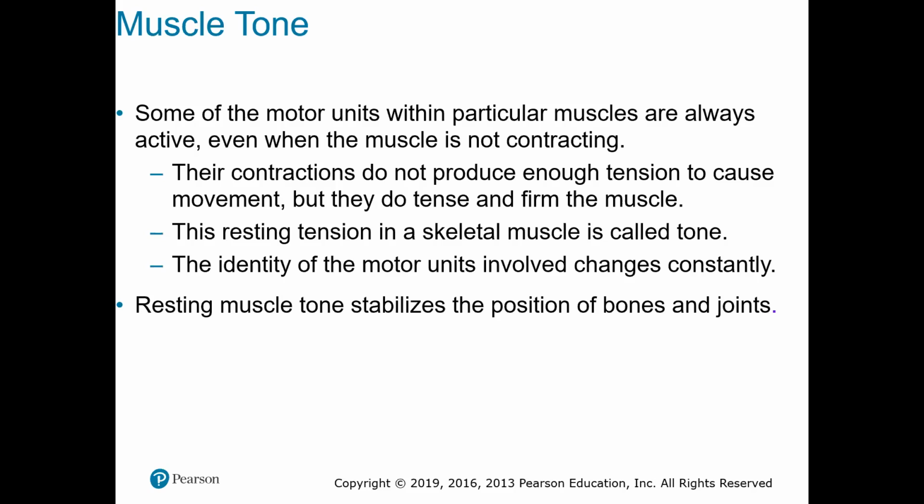Then another motor unit fires and another 300 cells contract, fully, but not enough to move the muscle. Then another motor unit contracts, sort of random throughout the muscle. So it's creating a little bit of tension in the whole muscle, making the muscle stay firm. It's holding the joints together. It's also keeping the muscle warm.